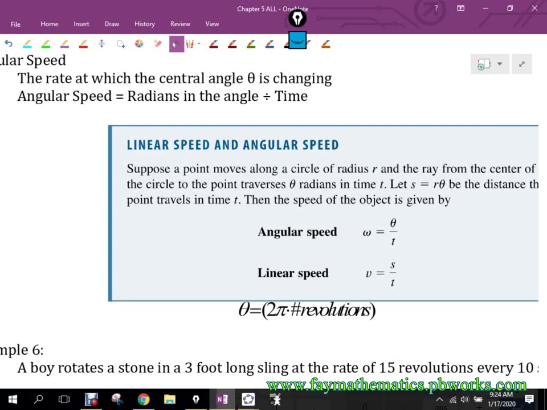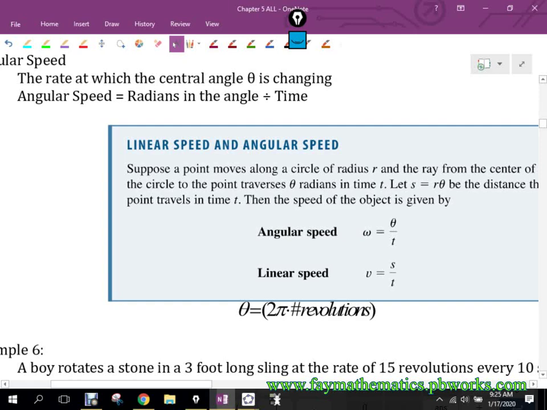So you're going to divide two things and units will not cancel out. That's the definition of a rate: the comparison of two things where units do not cancel. In this case, angular speed is how fast, when I'm rotating that object in a circular path, the angle is changing per time unit.